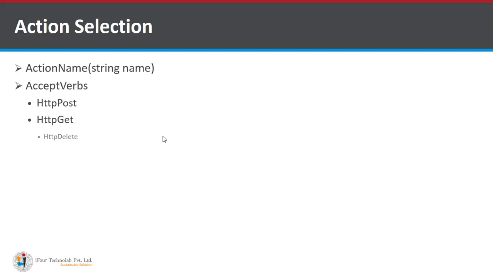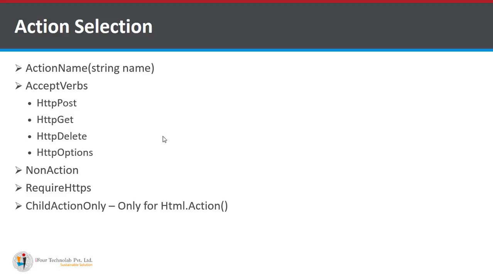Next one is action selection. That is ActionName, that is a string name. AcceptVerbs: HttpPost, HttpGet, HttpDelete, and HttpOptions. NonAction. RequireHttps. ChildActionOnly, that is only for Html.Action.